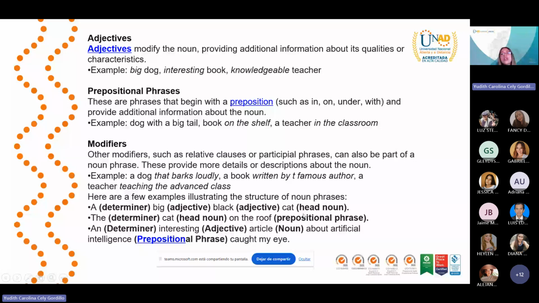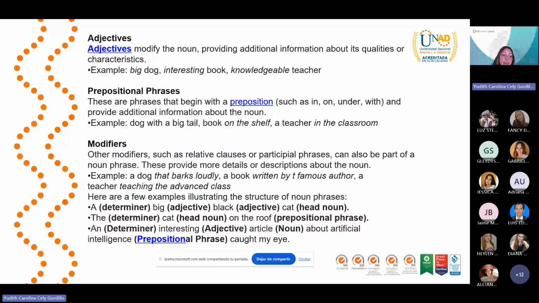You included a determiner, adjective, noun, different words that you can connect. The other example, the cat on the roof. An interesting article. All those words you are going to use to connect all those different parts when you create or describe the statement.